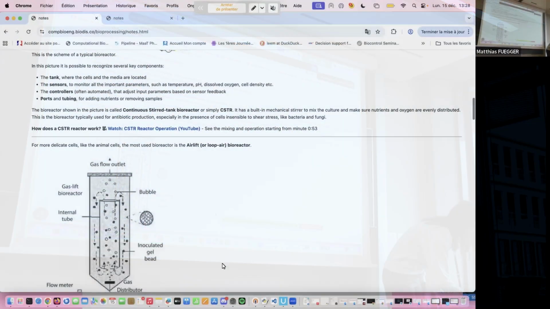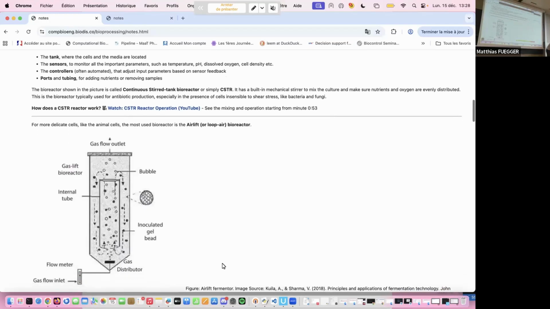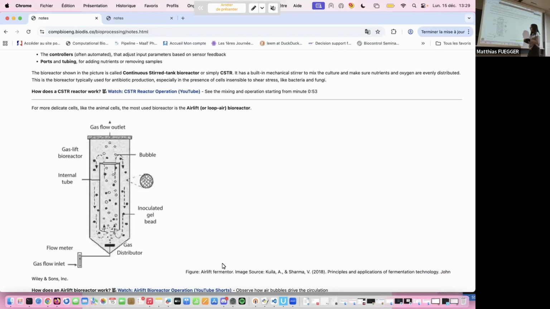But this kind of bioreactor could not be the best choice. For example, if we are in the presence of cells that are sensitive to the shear stress, because it is a consequence of mechanical stirring. So in some cases, we can have a different kind of bioreactor, such as the airlift bioreactor.